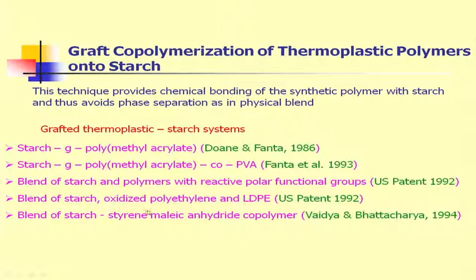Starch was also blended with polymers which are already oxidized to some extent, say oxidized polyethylene or LDP. After oxidation of polyethylene, it becomes a little degradable and starch can be miscible with it, otherwise starch is difficult to mix with polyethylene. That is why oxidized polyethylene was used for blending with starch, and blends of starch and styrene maleic anhydride copolymer were also developed for preparing biodegradable films.